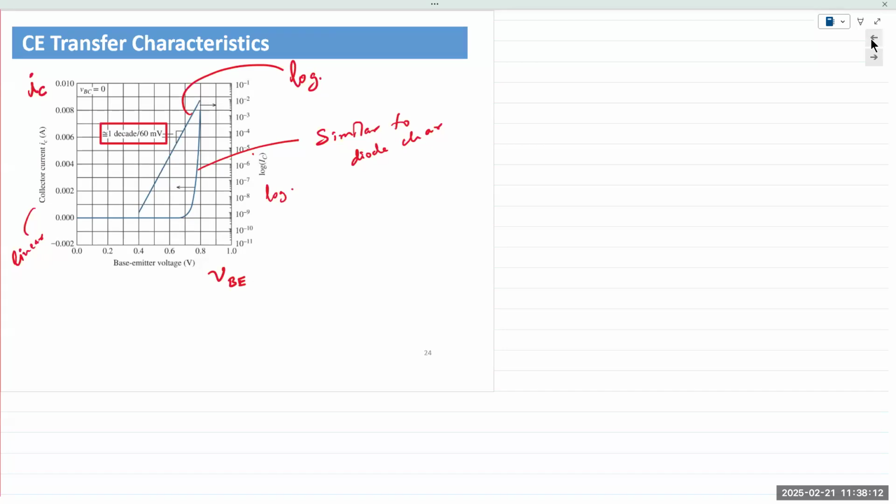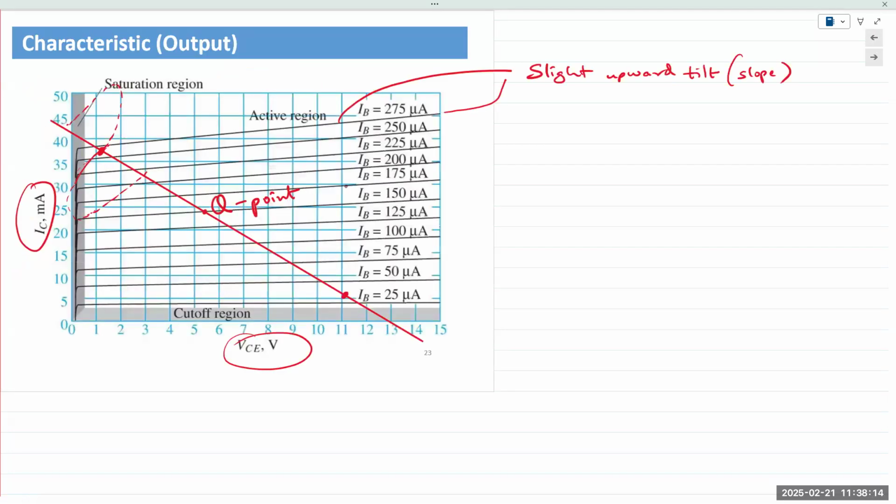So you're referring, if I understand you correctly, to this end of the graph versus this end, right? If we look at, let's say, VCE equal to 1 volt and VC equal to, let's say, 15 volts, how much of a difference do we really see in the IC? And keep in mind, this slope is also exaggerated.